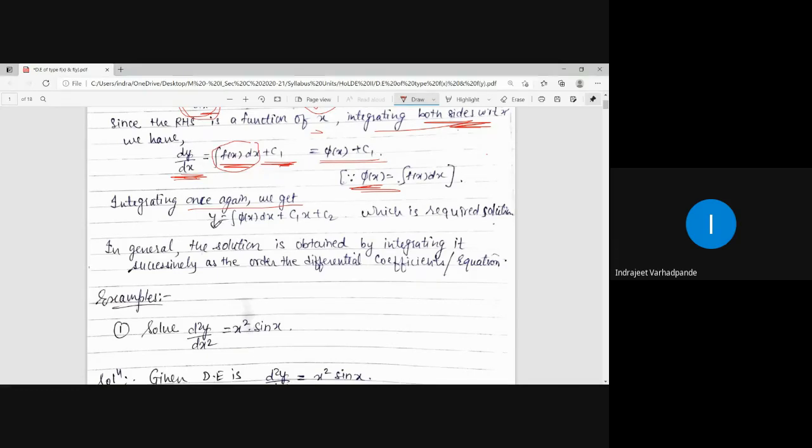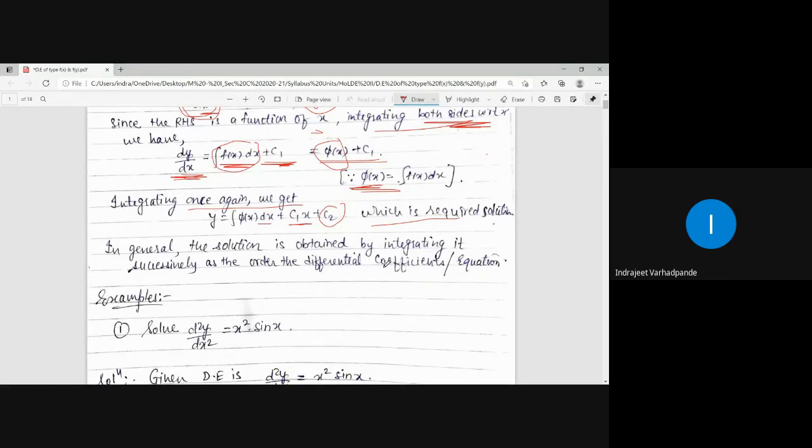I get y is equal to the integration of phi of x dx with respect to x. Integration of c1 will be c1 x, and one more constant of integration will be added, call it C2. This expression will give you the required solution.